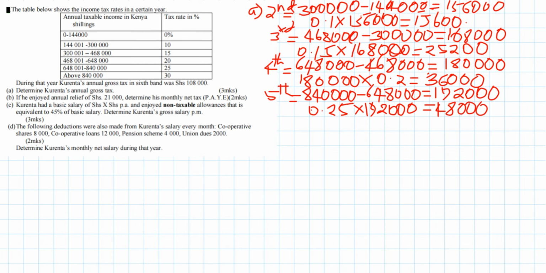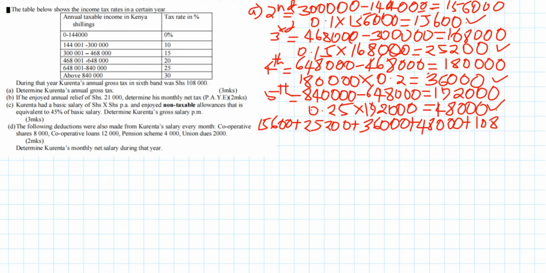So now, in order to get the gross tax, the annual gross tax, we take all these taxes in all these bands and we sum them together. So we start with the first one, 15,600, the second one, 25,200, and then the third one, 36,000, and then the fourth one, which is 48,000, and then we also take the last one, that is the gross tax in the sixth band, which is 108,000.